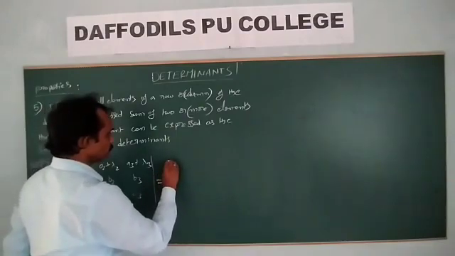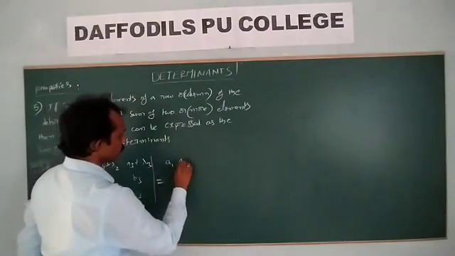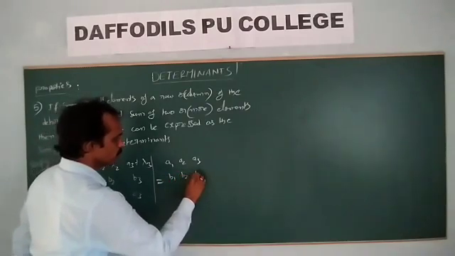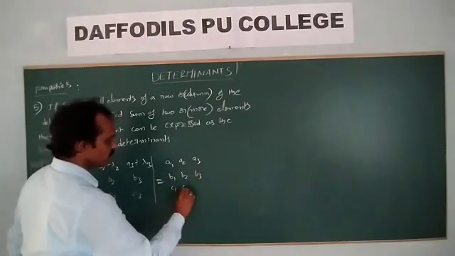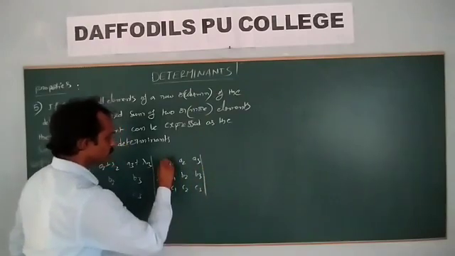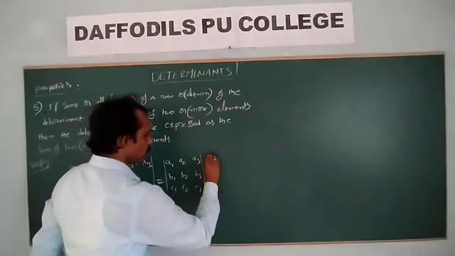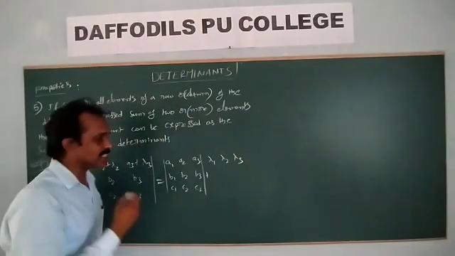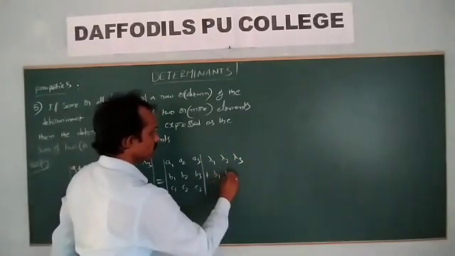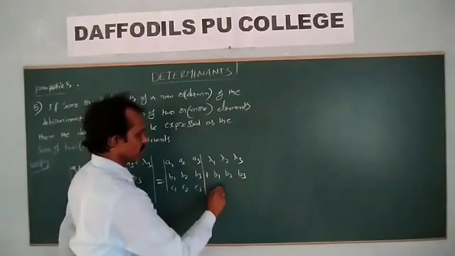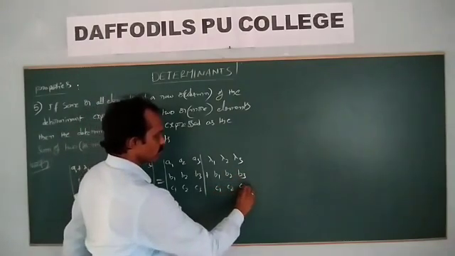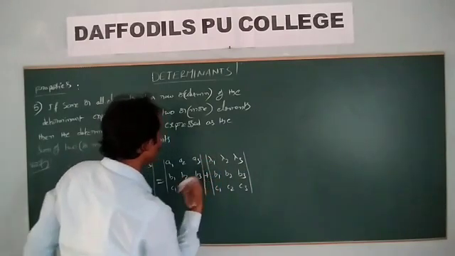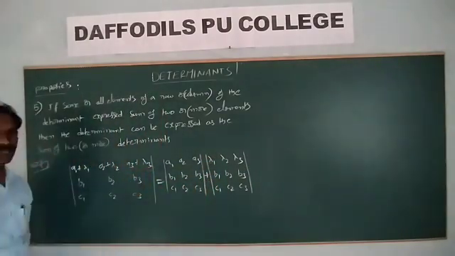How to express: A1, A2, A3, B1, B2, B3, C1, C2, C3 plus lambda 1, lambda 2, lambda 3, B1, B2, B3, C1, C2, C3. We will verify this one, this to that one. Very good.